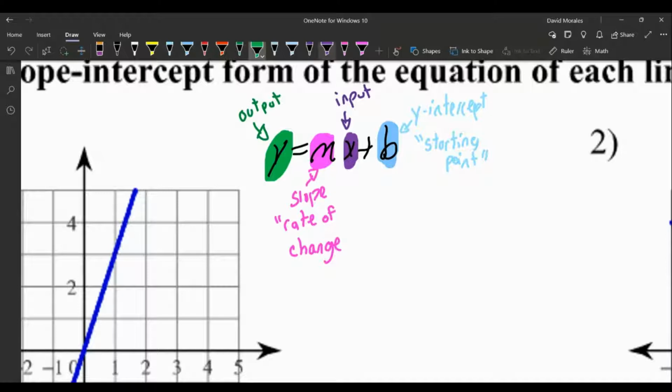Here the y and the x always change, because every day is a new day, so x is always going to be different. And y always changes because it reflects what x does.